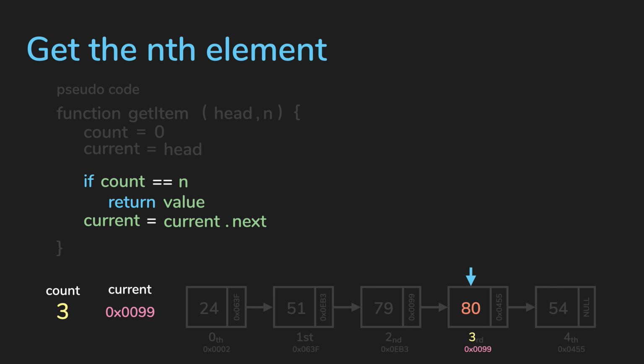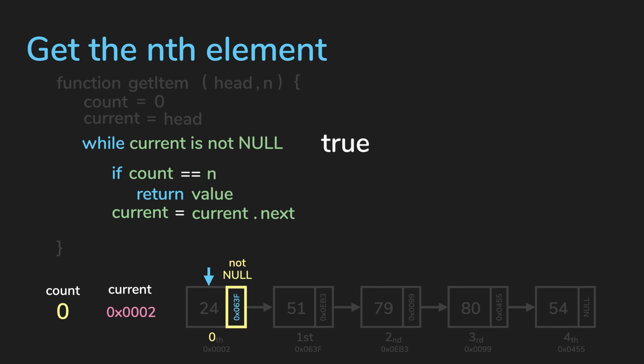Since we kept on tracking the node pointer in the variable current, we can easily access the value and return it. We can do this as long as next of the last node is not null, which means that there is a next node. We can do that by wrapping a while loop around and giving it a condition saying current is not null. If current is at the last node and we put current.next into current, which would be null, then the next loop cannot run because the while loop condition is false.